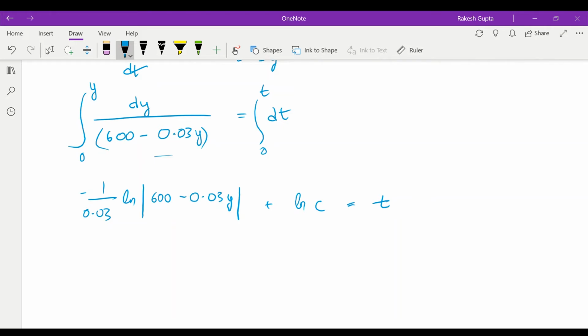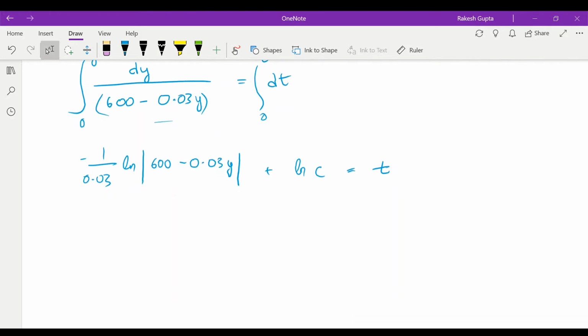Now I'm going to take minus 1 by 0.03 as common and write this using ln a plus ln b is ln of ab. I'm going to multiply the constant c with the inside term over here.